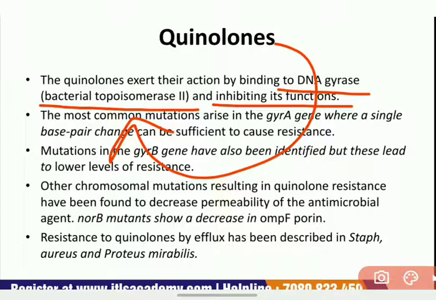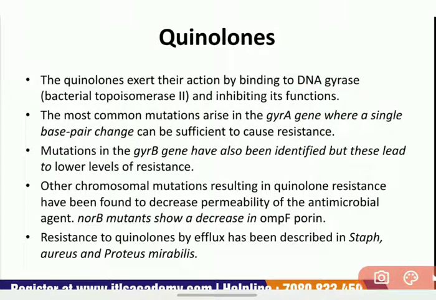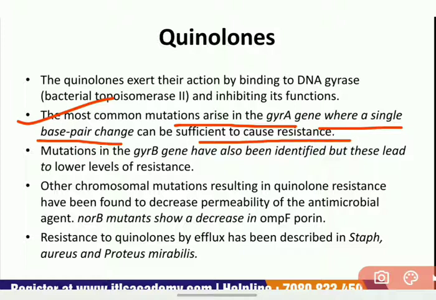Acquired resistance to the quinolones arises due to chromosomal mutations in the genes coding for DNA gyrase. The most common mutations arise in the gyrA, that is gyrase A gene, where a single base pair change can be sufficient to cause resistance.